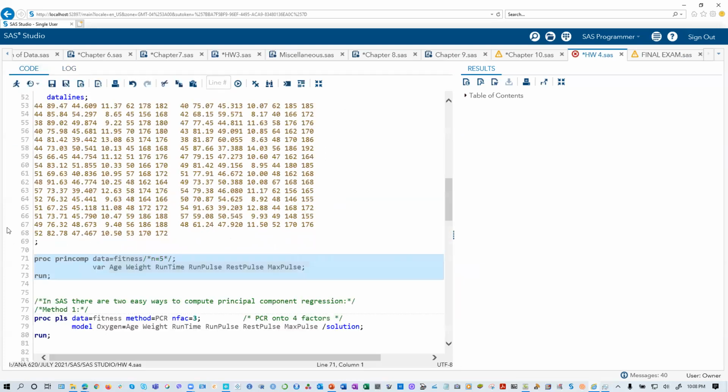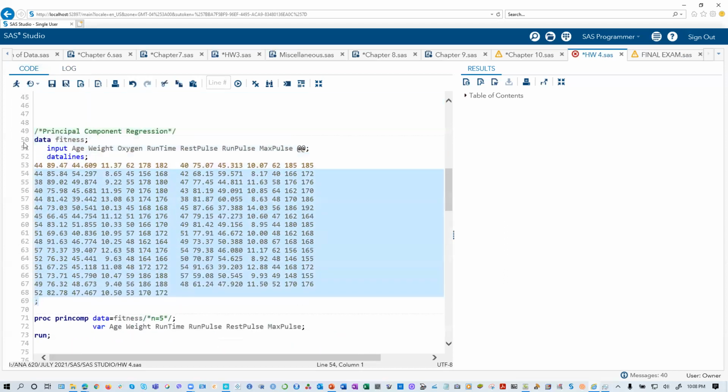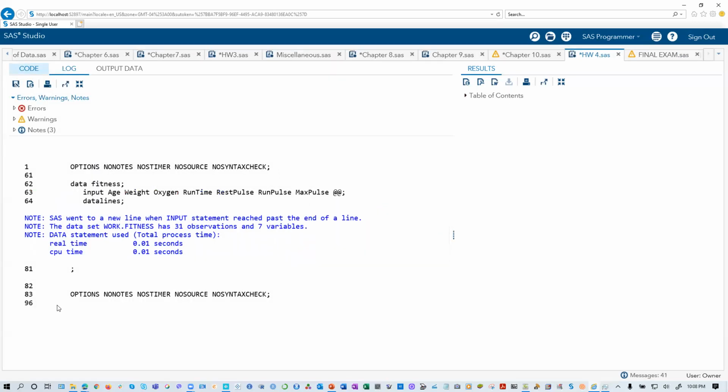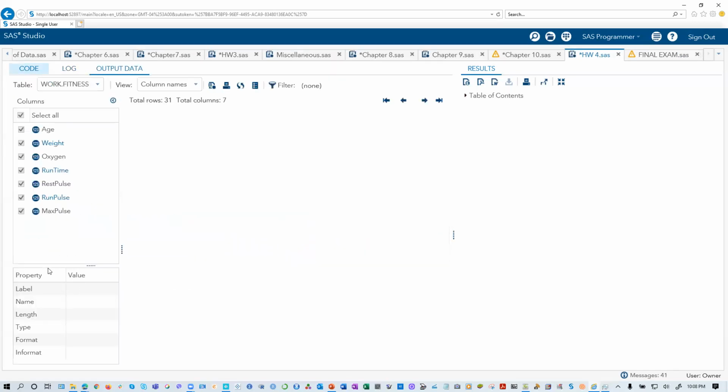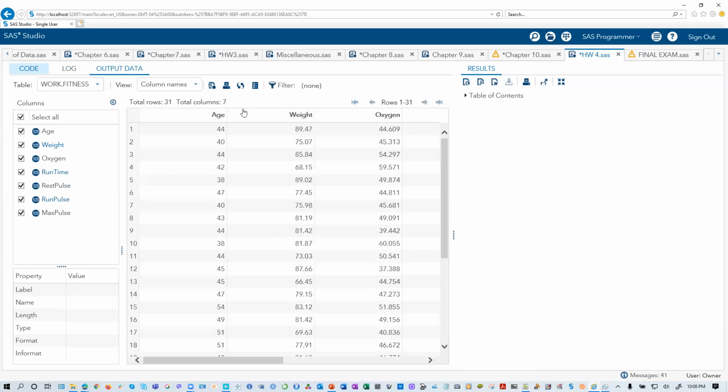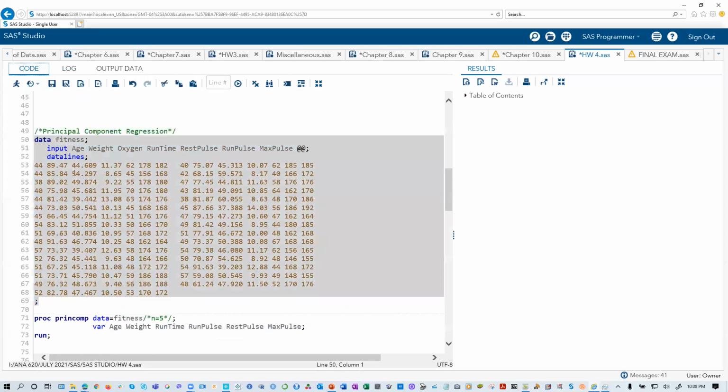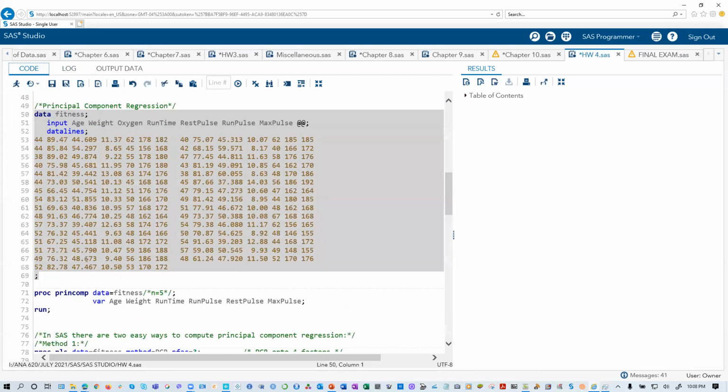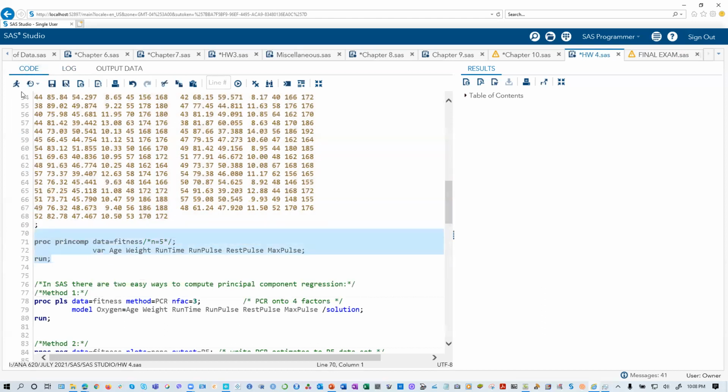Fitness data into the system. 31 rows, 31 observations, 7 variables. And then get the principal component analysis.